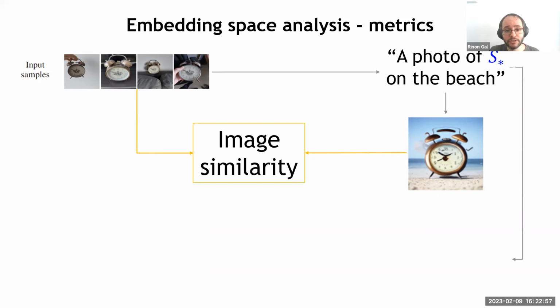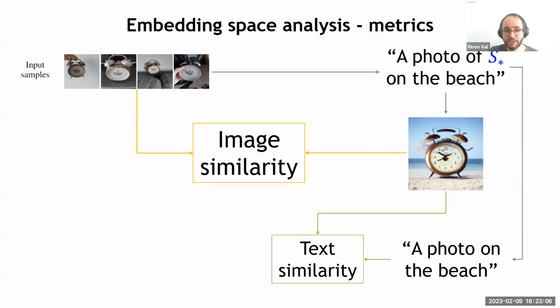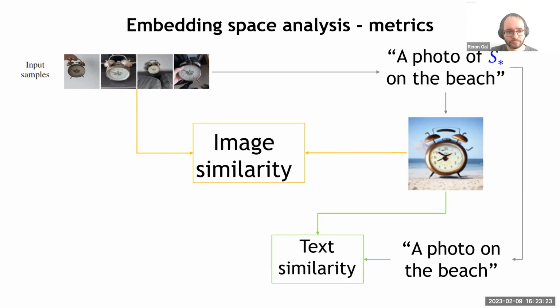So what we can do is remove the new word that represents our subject from the prompt, and then look at the text-to-image similarity between our generated image and this conceptless prompt, right? Basically, just make sure that this photo is indeed something on the beach. Okay. So these are the two metrics we'll be looking at, and we'll be implementing them using CLIP.